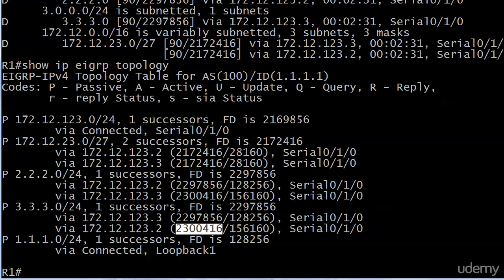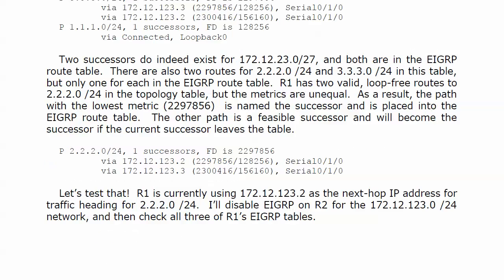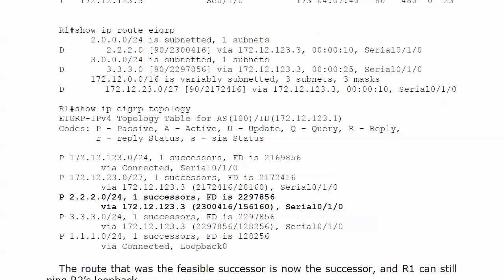So we might want to bring that path into our load balancing, but we're going to have to do that manually because, not being a smart aleck here, if we have equal cost load balancing when the values are exactly the same, what do we have when they're not exactly the same? We have unequal cost load balancing. And that's what we're going to configure here very shortly with the variance command.